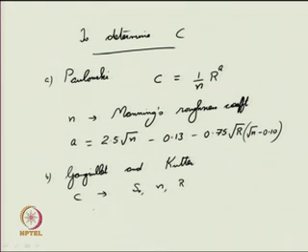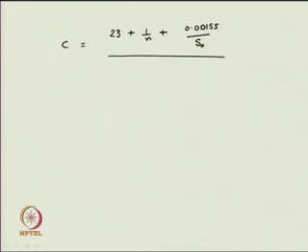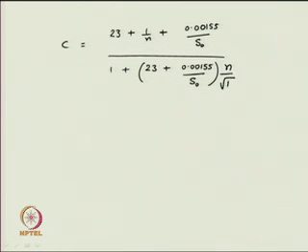Based on that, they suggested that C is equal to (23 plus 1 by n plus 0.00155 by S naught) divided by (1 plus (23 plus 0.00155 by S naught) into n divided by root R).